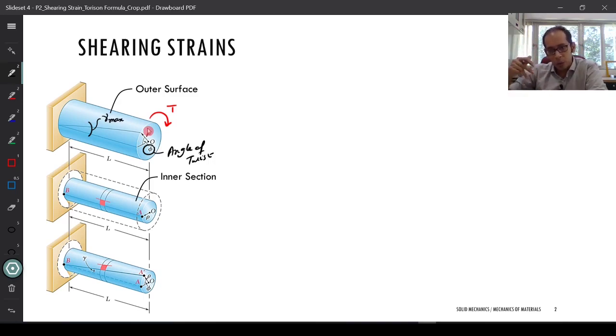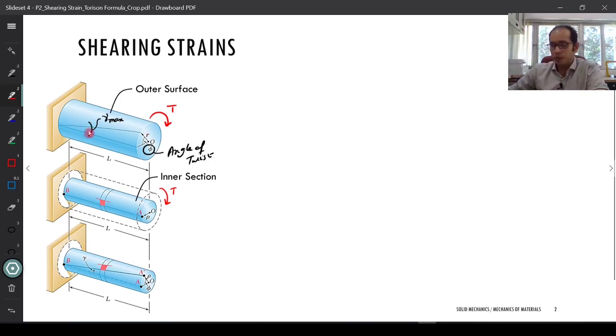Now, as you are going inside, if you take an intermediate section which is not at the extreme periphery and not at the central line, for example here, this was the element which was there before you applied the torque. Now, after you have applied the torque, let me mark the torque again, T, this rectangular element has undergone a change of shape, again without any appreciable elongation or contraction, right?